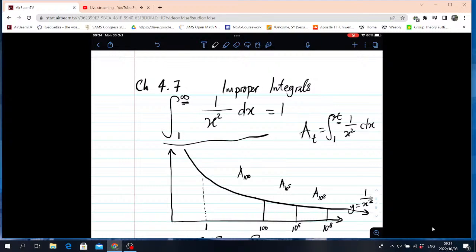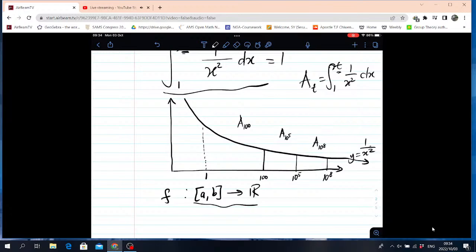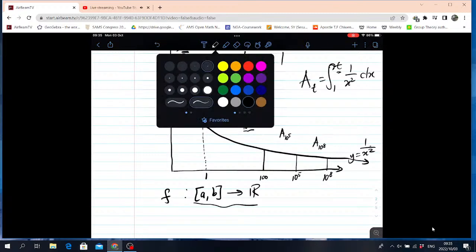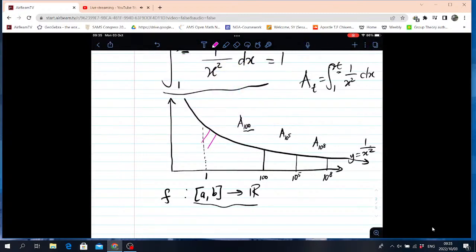Then what we want is to see what happens when we look, for example, at 100 and 10 to the 5. For the first one, A(100), let me use something a bit faint. We are going to have this as our integral.